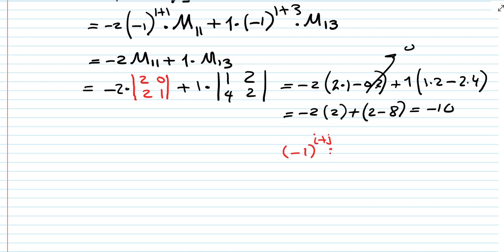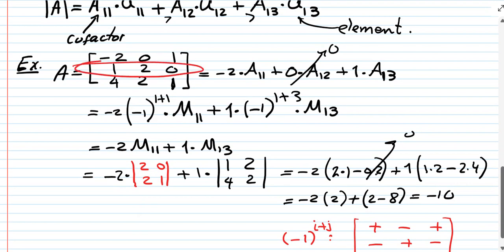The signs on the matrix are plus, minus, plus, minus, plus, minus, plus, minus, plus. Those are the signs that get multiplied by the minors. So this way we can create a shortcut. We don't have to do negative 1 to a power.